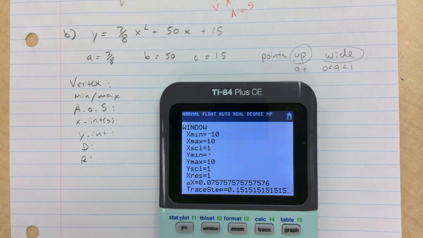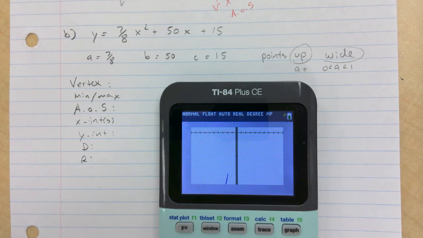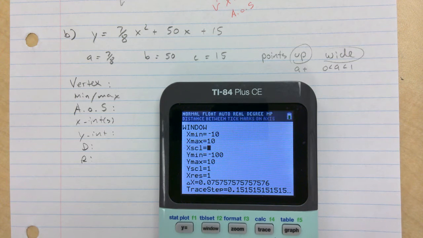Okay, so I'm going to double that. I'm at -100 and still not seeing it. So now I'm getting impatient. Now I'm going to go -500. Okay, I'm starting to see that hundreds at a time is just not doing it.